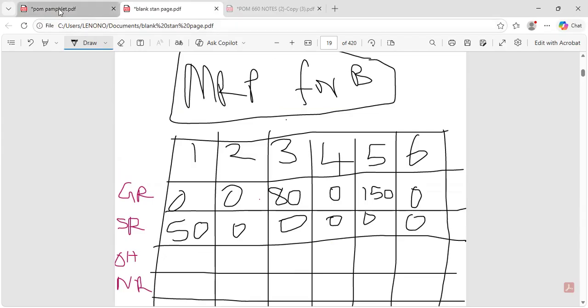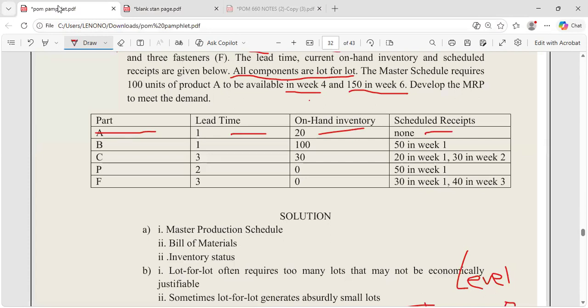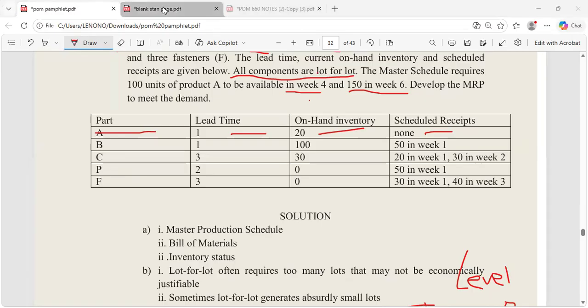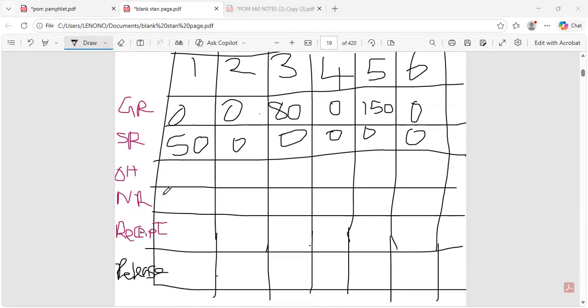Then let's check the on hand. What is our on hand for B? On hand for B is 100. So you put the 100 here.